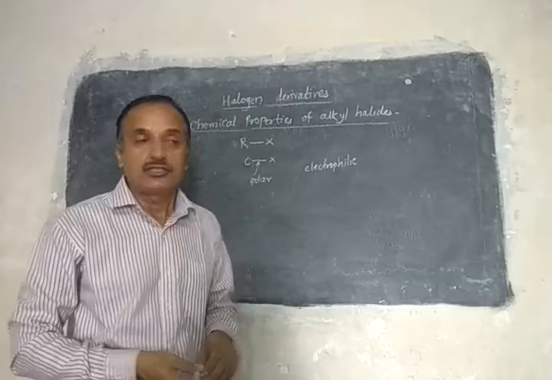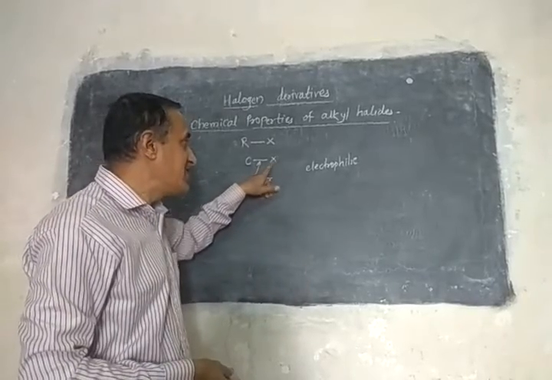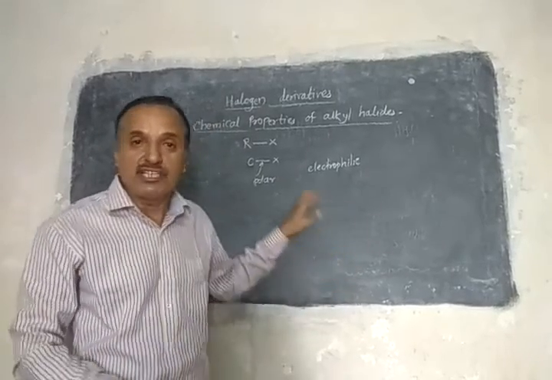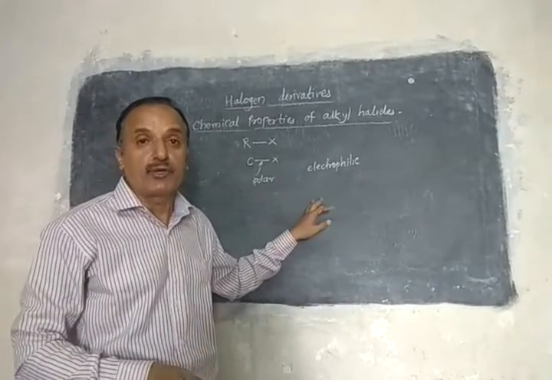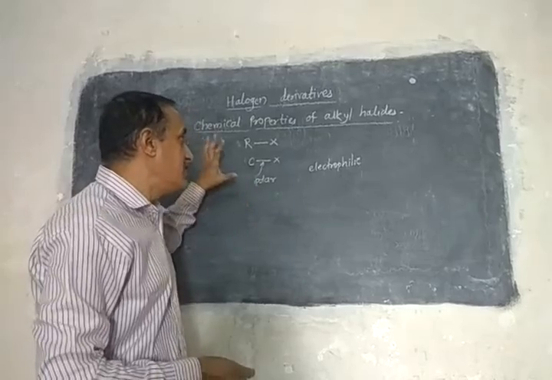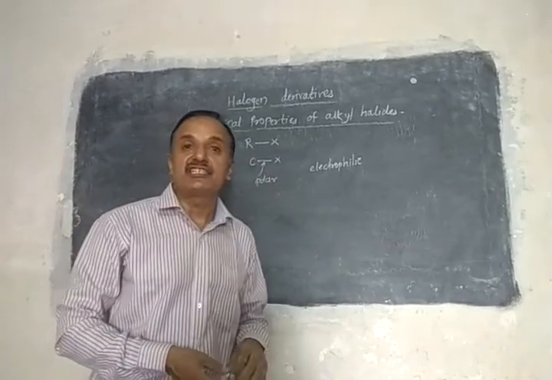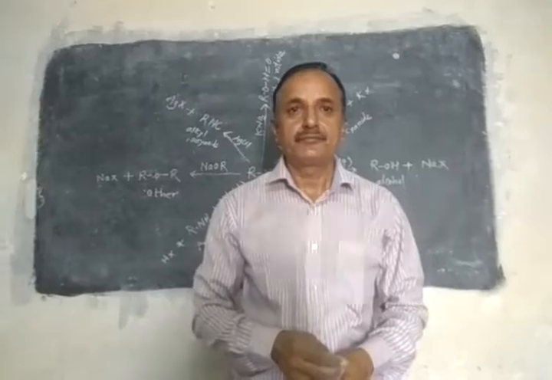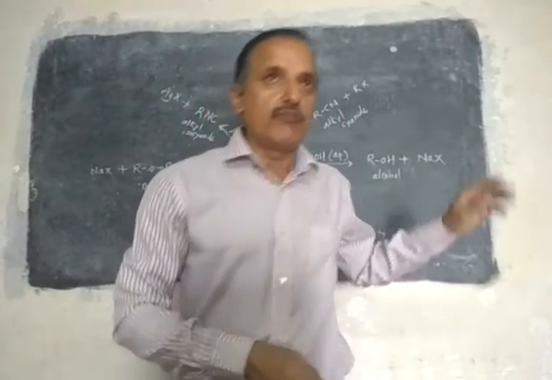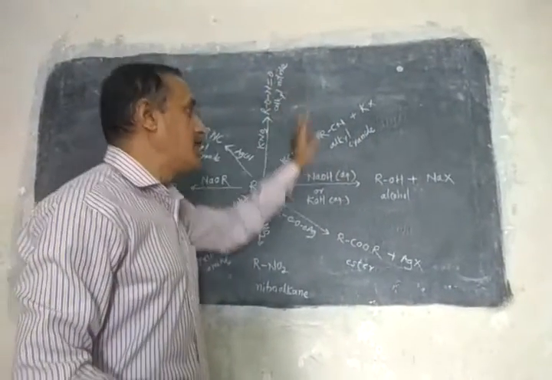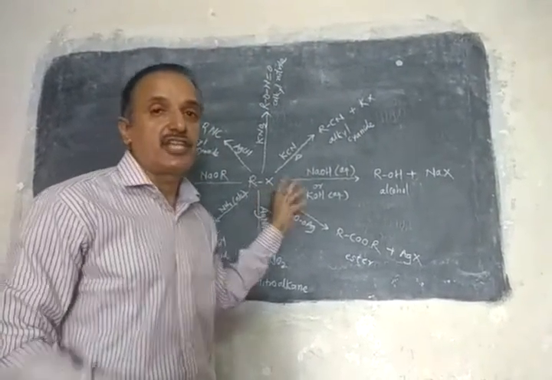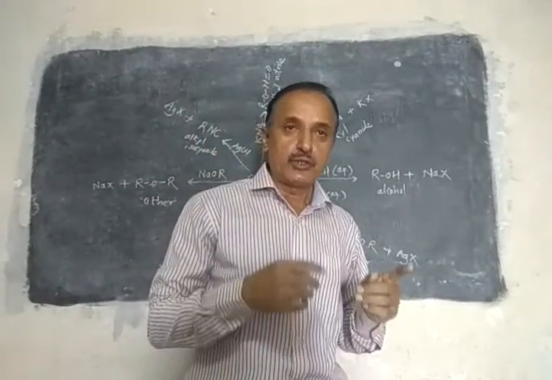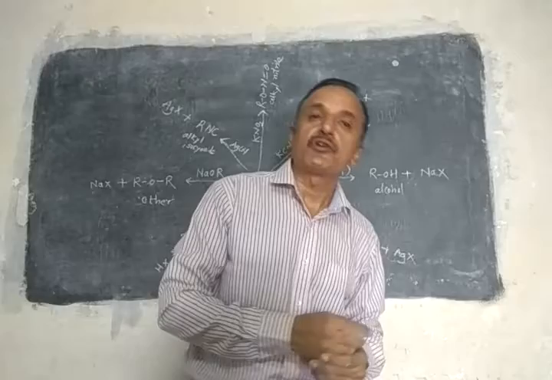we get different products. Here the halogen is replaced by another nucleophile, and we get different products. So the alkyl halides undergo nucleophilic substitution reactions. First, what does substitution reaction mean?